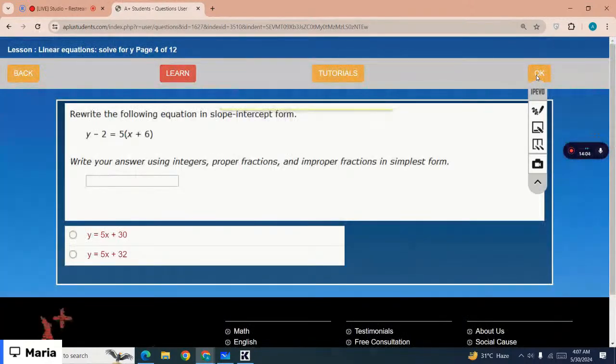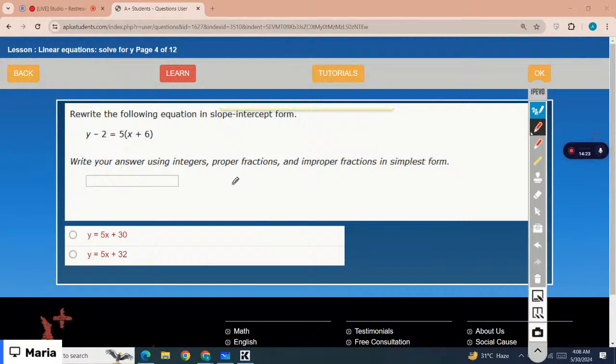The next one is rewrite the following equation in slope intercept form. y minus 2 equals 5 times x plus 6. So which is the correct option? You have to do 5 times x, that is 5x, and then 5 times 6, that is 30, right?